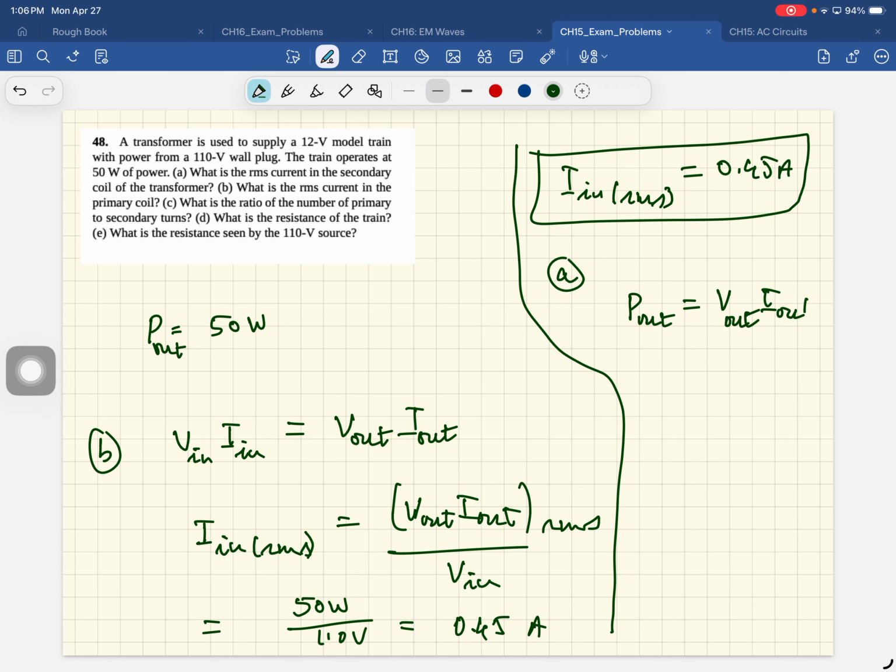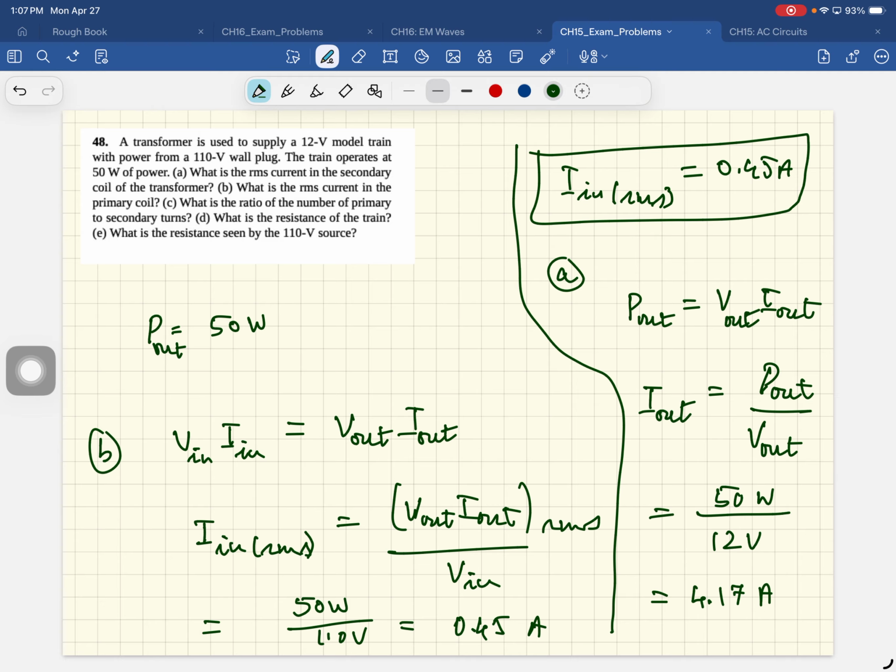So the current in the secondary coil is power divided by the output voltage, so 50 watts divided by the output voltage of 12 volts, 4.17 amps. That was the output current.